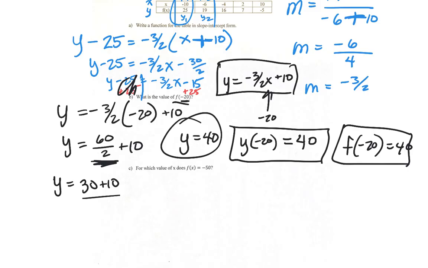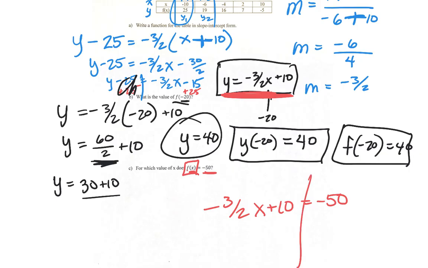And last up, for which value of x does f of x equal negative 50? So in this case, we're not plugging in a negative 50 for x. We're saying the function equals negative 50. So my function, negative 3 halves x plus 10, is supposed to equal negative 50. Couple steps, subtract 10. Negative 3 halves x equals negative 60.